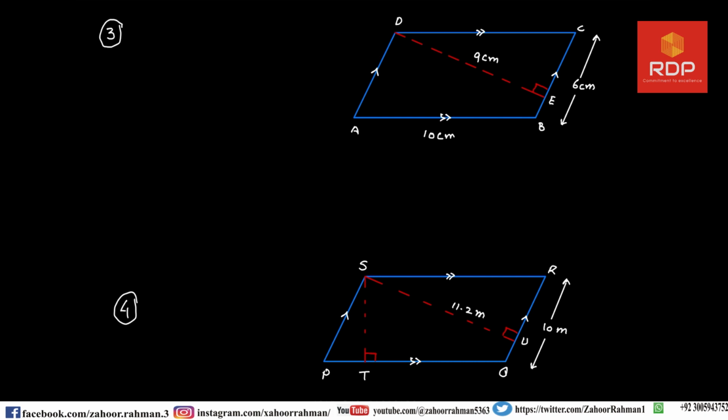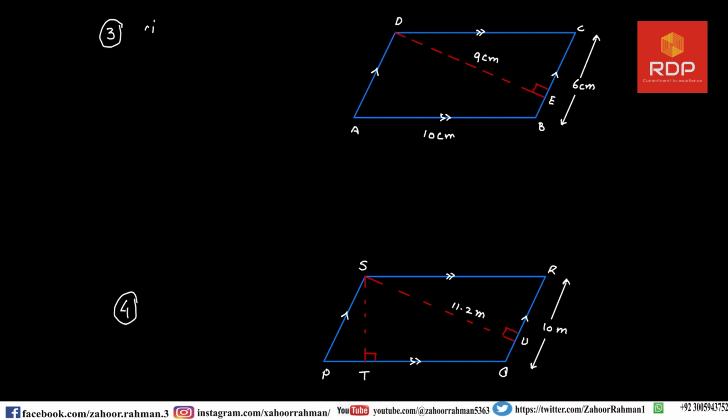You can see that BC is marked as 6 centimeter. Another piece of information is that DE is equal to 9 centimeter. First they are saying find the area.